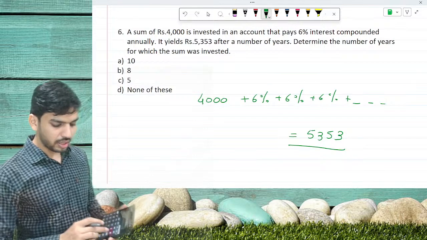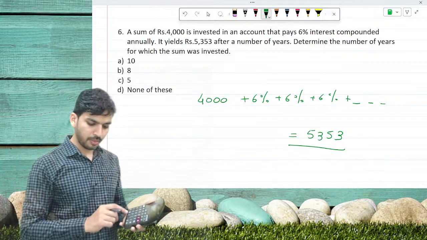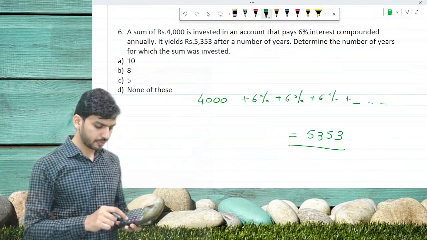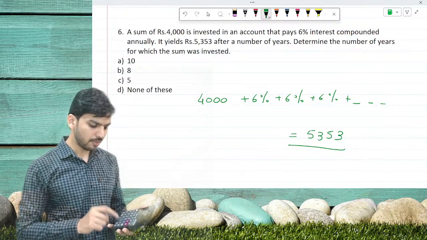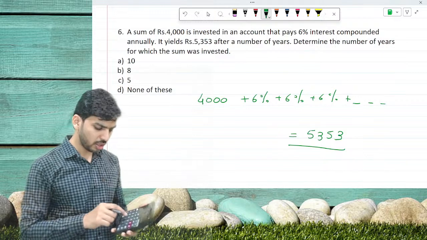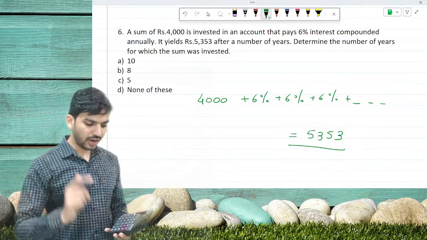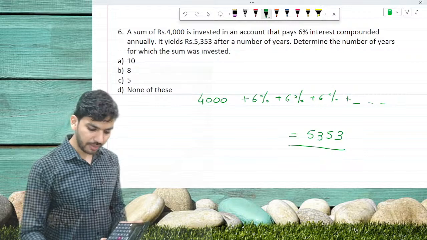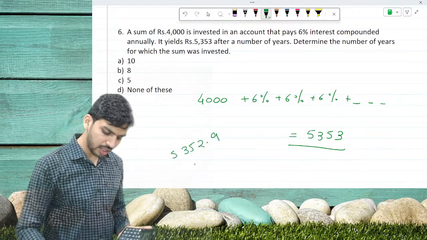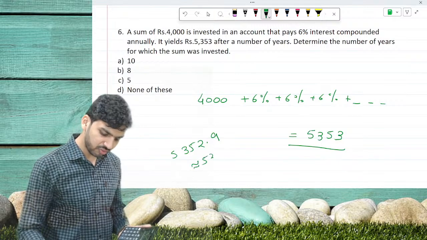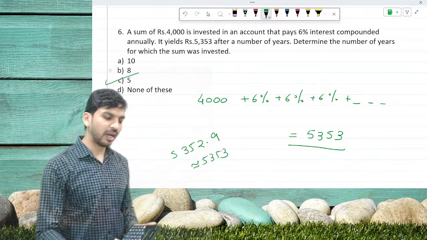Let's check, 4,000 plus 6% one time, plus 6%, 2, 3, 4, 5. I am getting the answer as 5352.9, which is very close to 5353. I got my answer as option C.